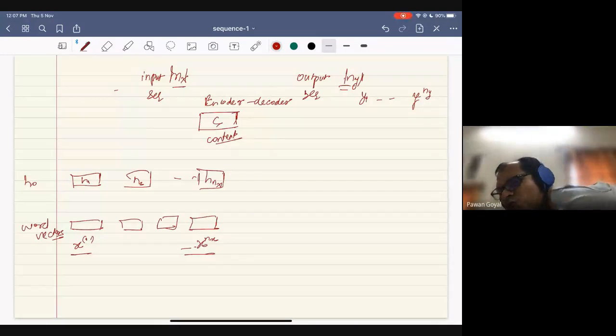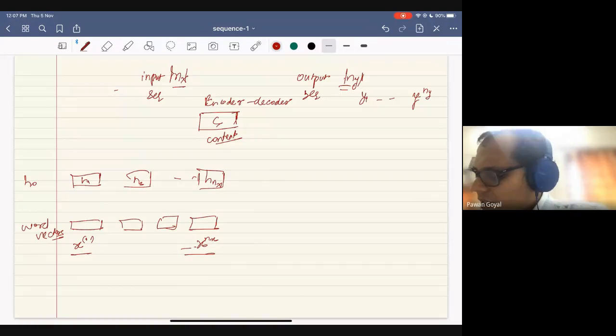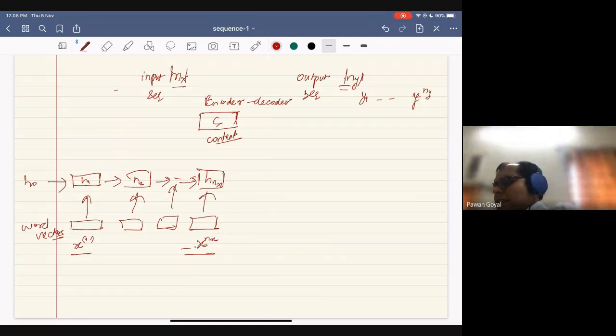And I don't have an output immediately. So I keep on accumulating this in my hidden states. And this final hidden state can actually act as my context.